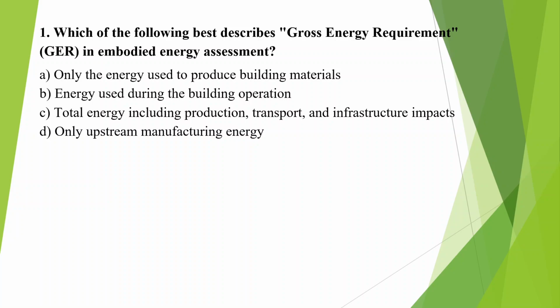Which of the following best describes the gross energy requirement, which in short we call GER, in embodied energy assessment? Whenever you are doing the embodied energy assessment, this particular term will come up, gross energy requirement. So this particular energy term describes which of the following out of the four options.